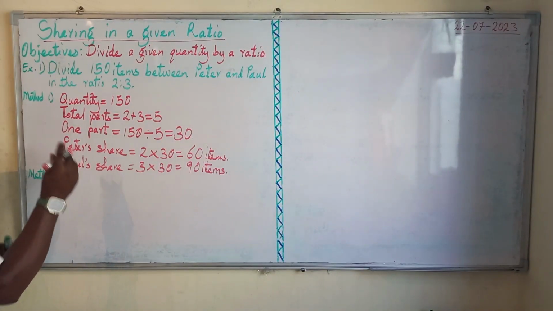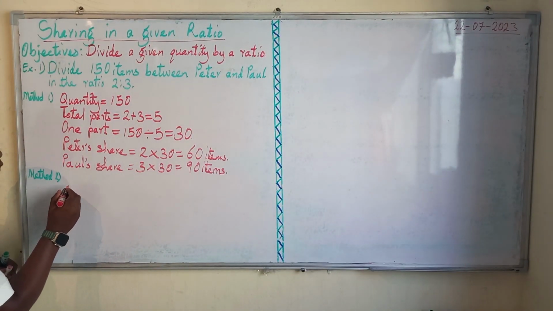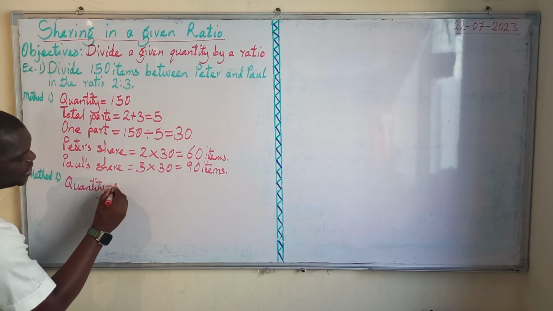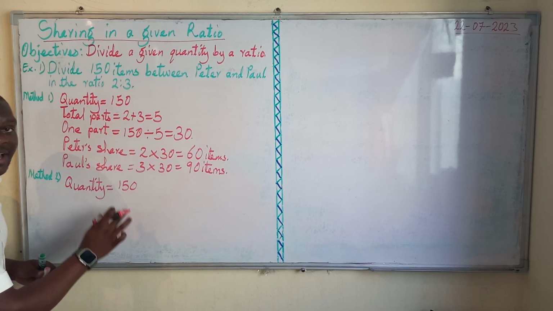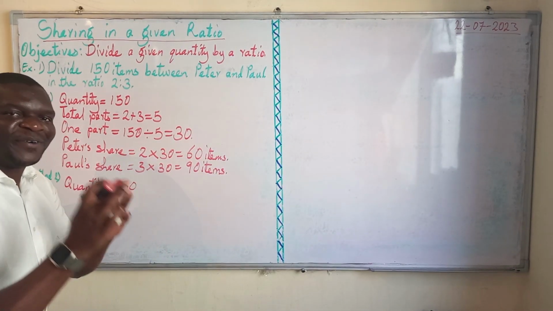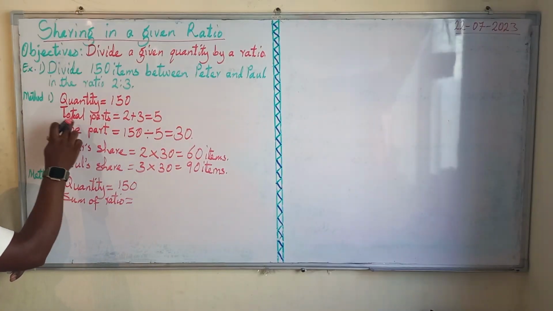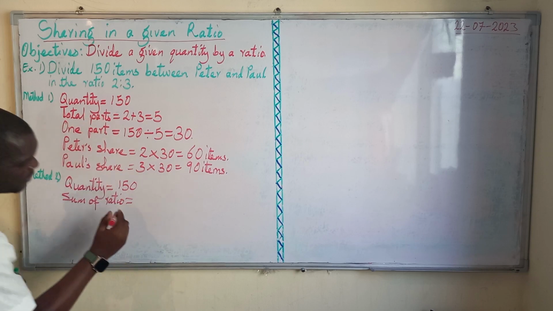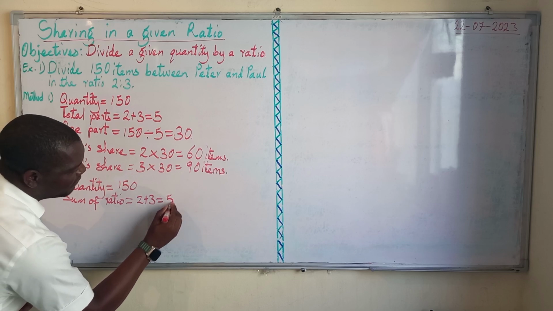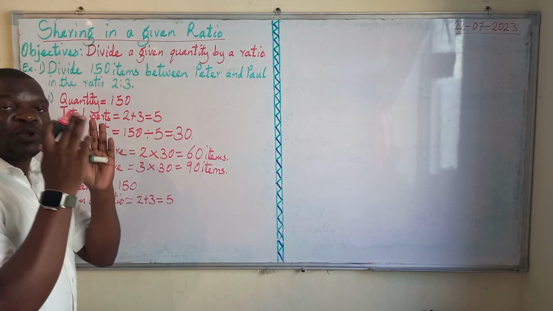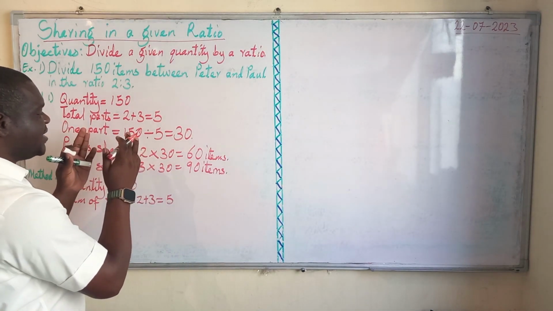In method 2, you equally identify the quantity to be shared, which is 150. Then after that, we find the sum of ratio, which in this case we call total parts. So sum of ratio will be 2 plus 3, which is 5. If you have this, then we go straight away to calculating the share.